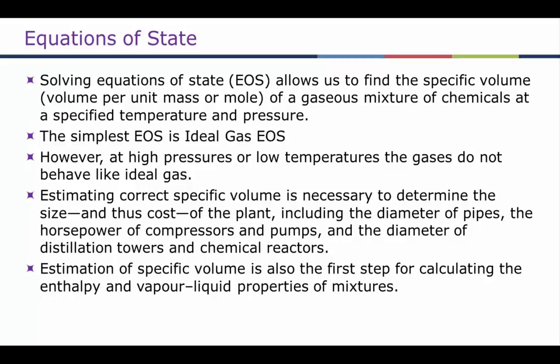Now, simplest equation of state is the ideal gas equation of state, which you would have learned in high school as well as in the first year of engineering. However, when it comes to high pressures or low temperatures, the gases do not behave like ideal gas.